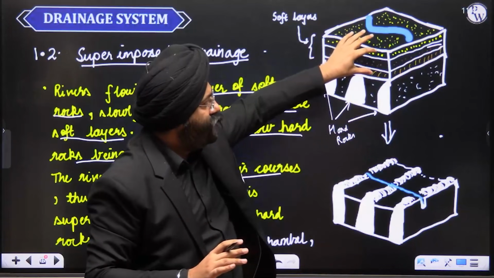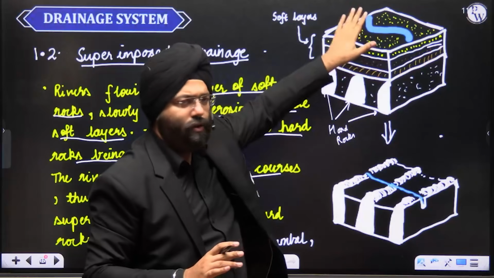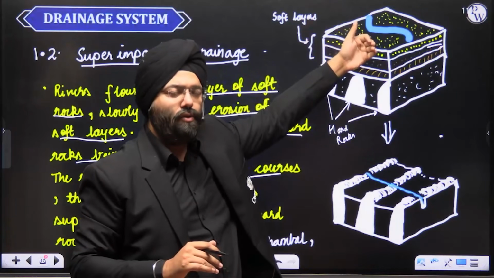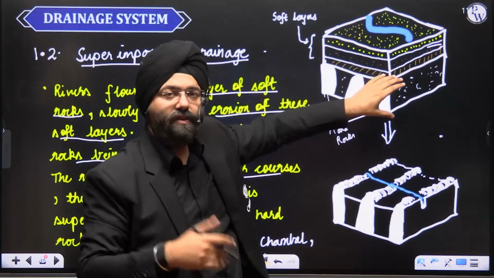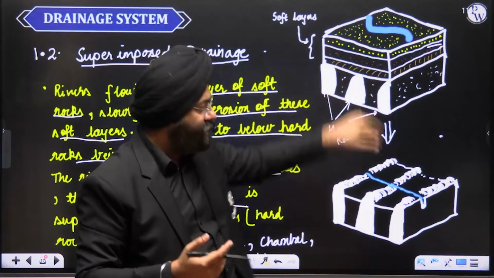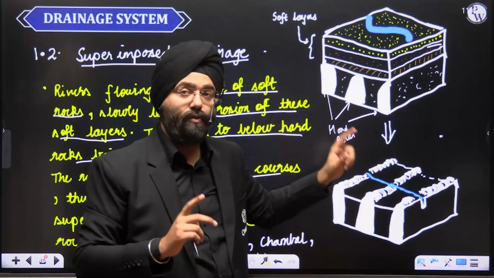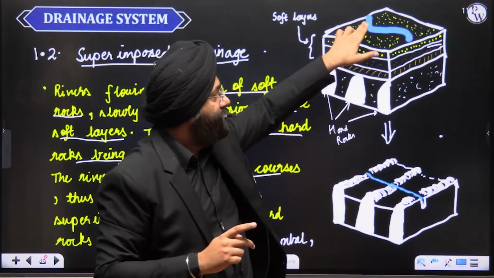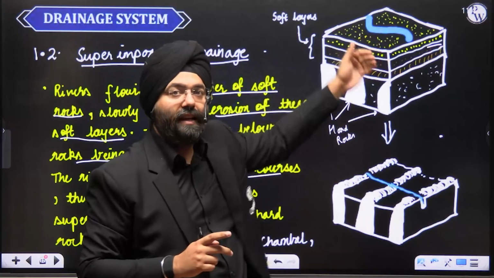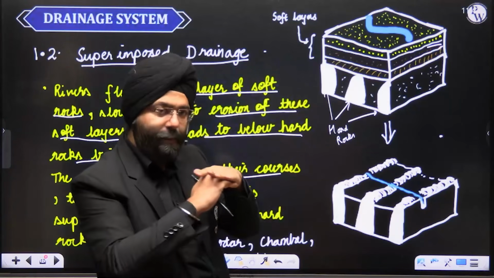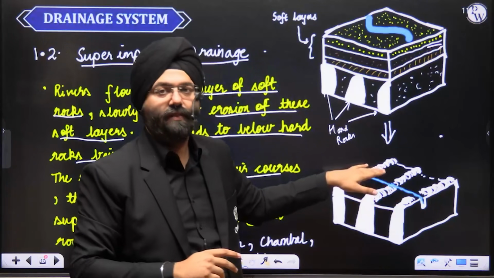When it was flowing over the soft rock part, the soft rock got eroded with a greater tendency, so the hard rock surface was exposed. Now the river is still flowing and cutting through those regions because these hard rock surfaces were exposed. So what is going on? The pattern that was flowing earlier is imposed, or superimposed, on the hard rock surface.